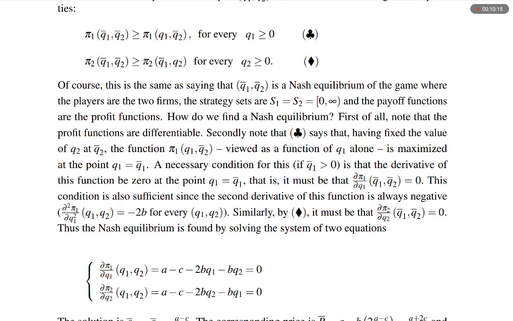That is a club. π₂(Q̄₁, Q̄₂) is greater than or equal to π₂(Q̄₁, q₂) for every q₂ greater than 0, which is a diamond.